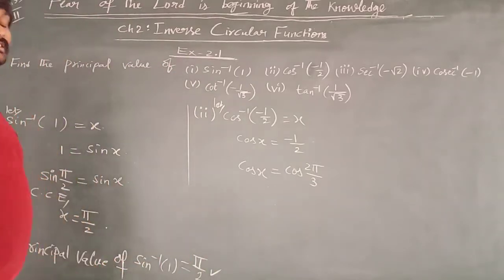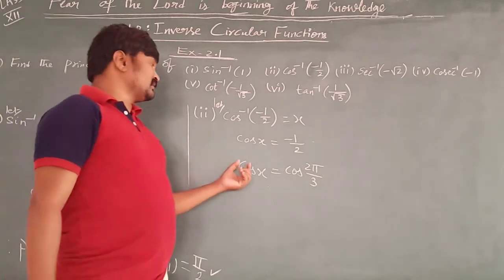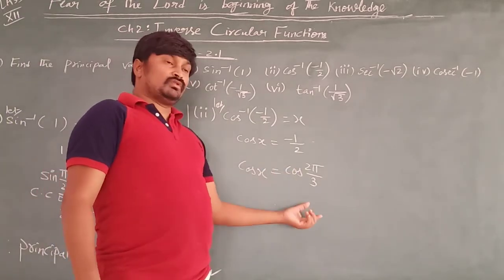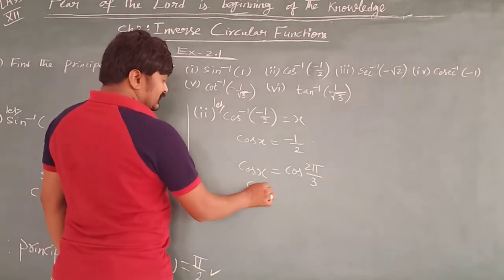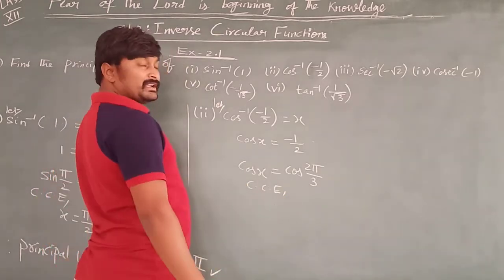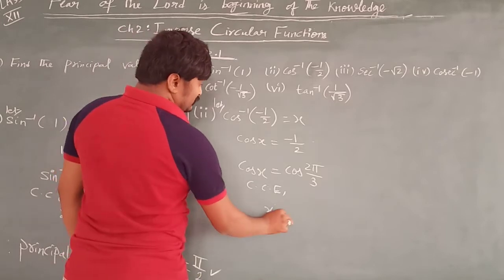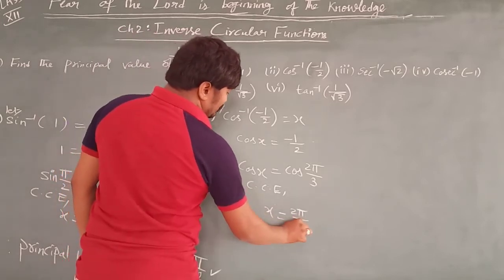That means cos 120 degrees is nothing but minus 1 upon 2. So we have cos x is equal to cos 2 pi upon 3. Comparing corresponding elements, x is equal to 2 pi upon 3.